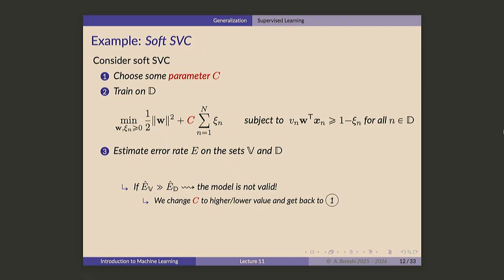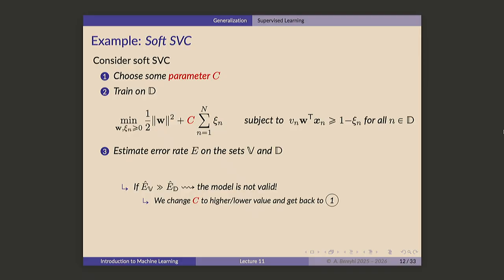If the model is really generalizing, it means that they should be roughly the same and quite small, right? But if you see that on the training set you do very well, there's not much misclassification, but on the validation set you get too much error rate, right? This means that your model is not really generalizing.